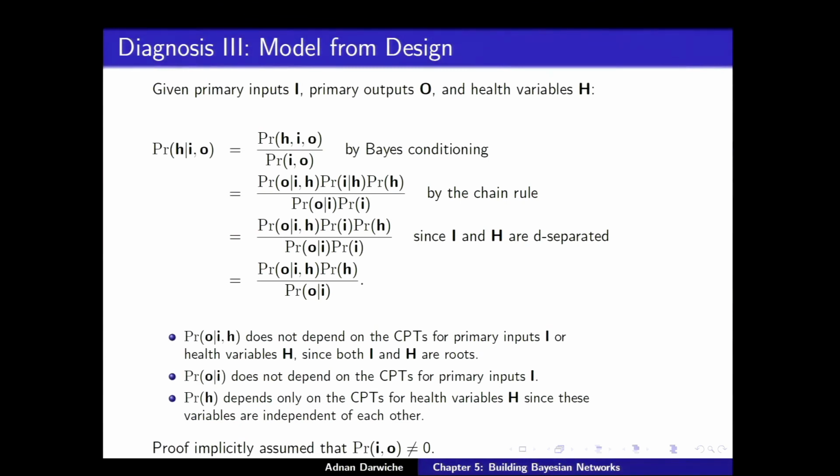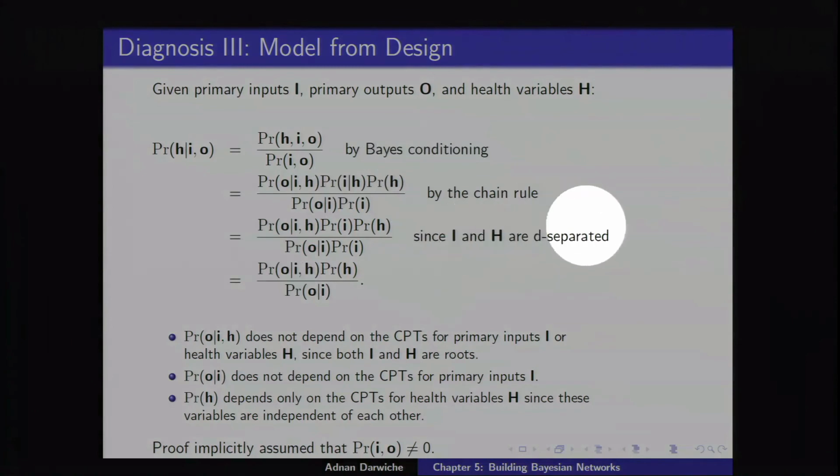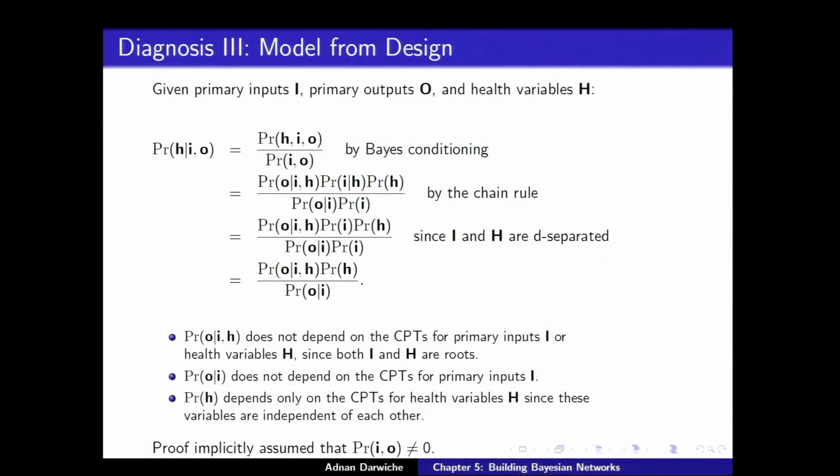All right, and this is one of these nice things where you get the graphical modeling together with knowledge of low probabilities, and you can see Bayes conditioning being used, chain rule, d-separation, all put nicely together to come up with a non-trivial observation about this model that I don't care about these numbers. They're not going to affect anything I'm going to do later. It's a beautiful combination of things. You can look at this derivation in your book.